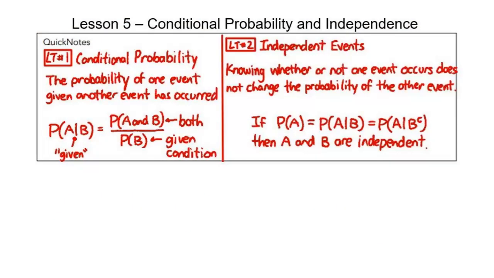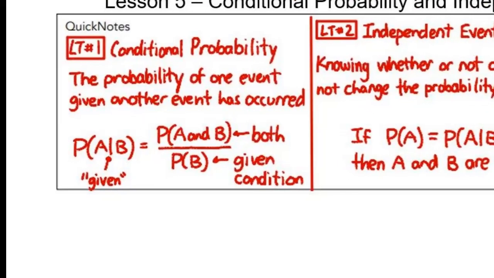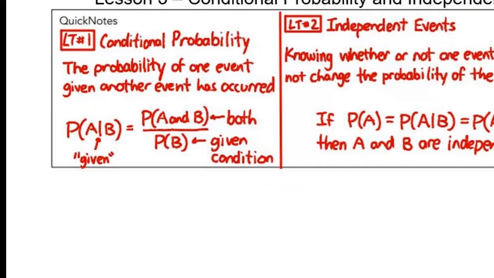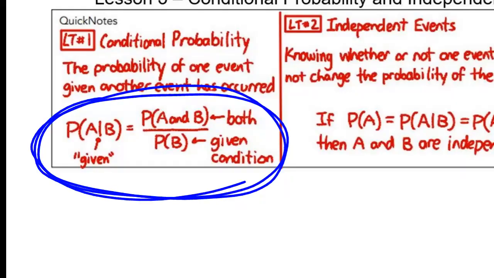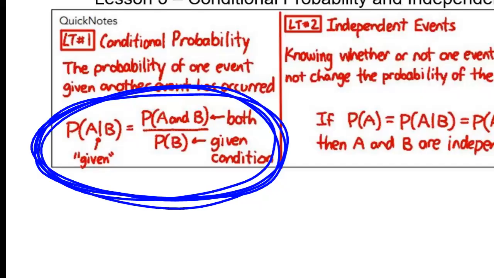Conditional probability. And this one is huge. The probability of one event given another event has occurred. Please circle this. This is the formula that you will need to use if you have not been given a two-way table. If you can't look at the two-way table and just narrow it down to one column or one row, if they give it to you in words, you need the probability of both events, my intersection, up on top.